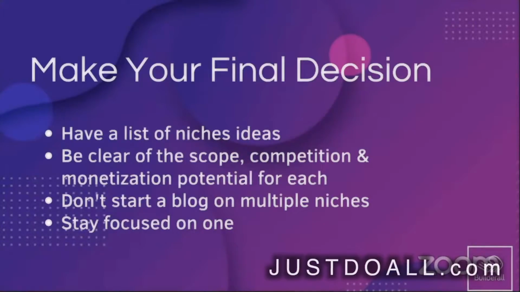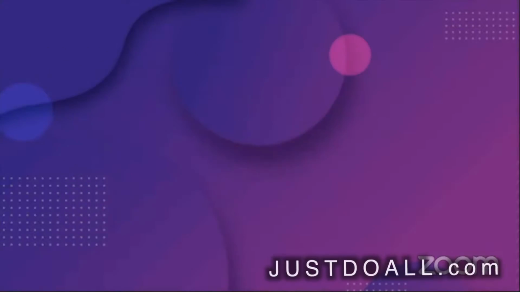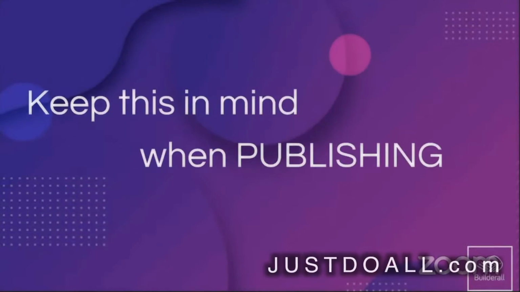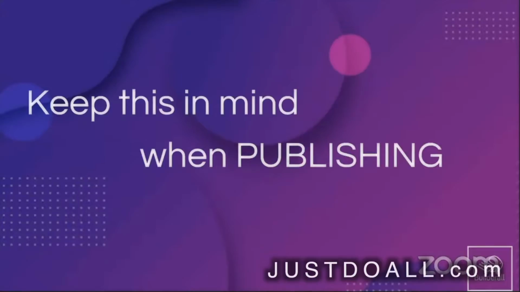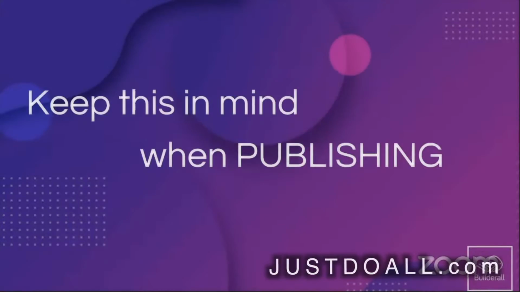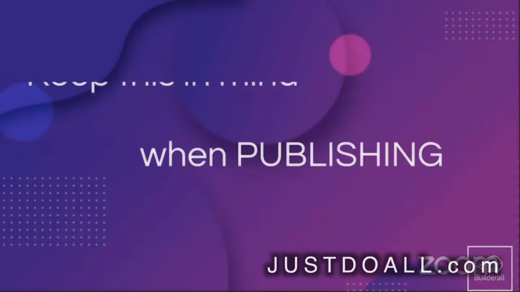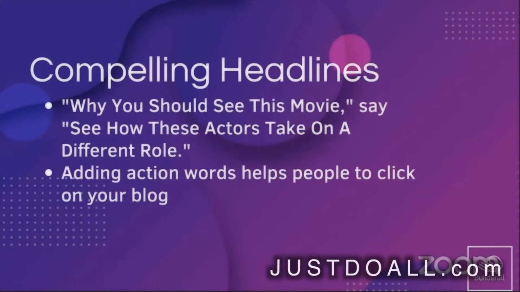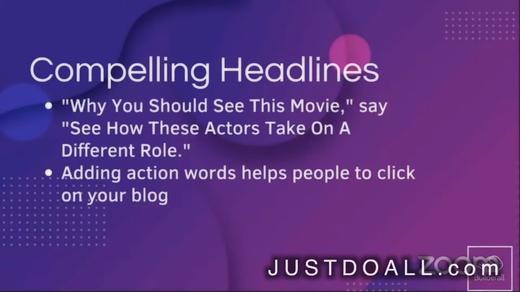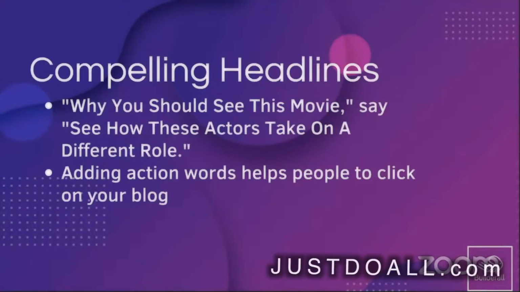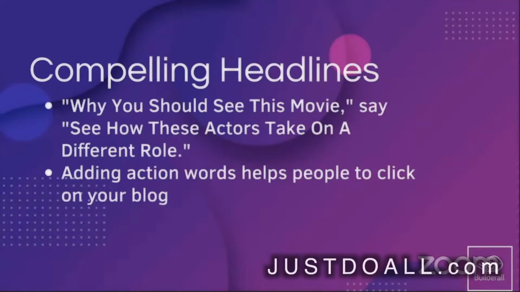All right. So before you guys actually start out there and start blogging and typing, you want to keep these things in mind when you publish your blog from within Builderall. And that is one of them being compelling headlines. So with compelling headlines, guys, you want to make sure that you write things like this. Let's say that you're writing in your blog, or you've typed, why should you see this movie?